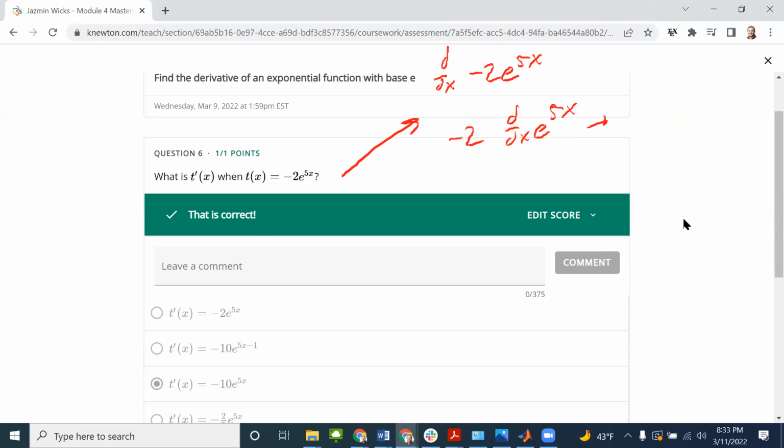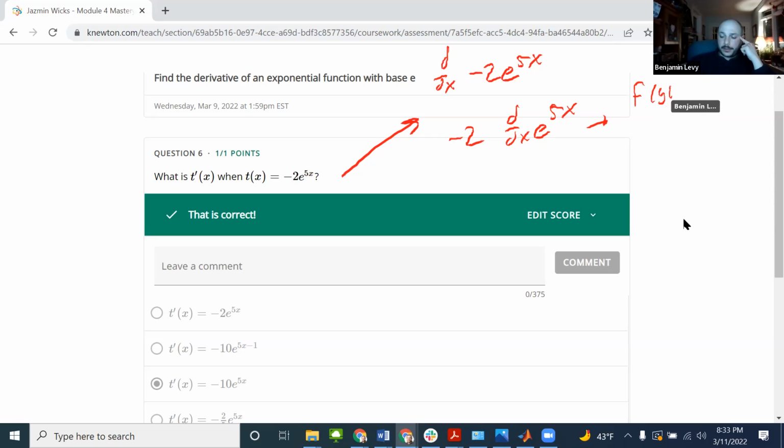Okay, yeah. I've got e raised to g of x equals e to the g of x times g prime of x. Exactly. So it's an f of g of x, where f is e to the x and g is 5x.